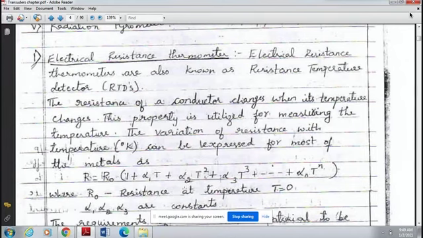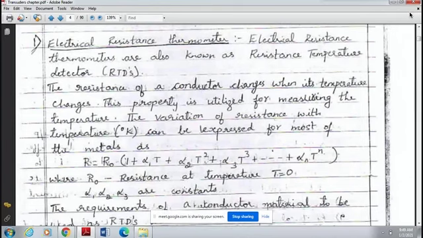Here R naught is the resistance at the temperature T equal to 0. So when there is no change in temperature, under the initial condition, the resistance is denoted by R naught. Alpha 1, alpha 2, alpha 3 are constants.